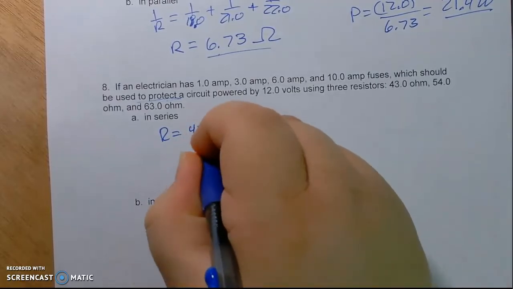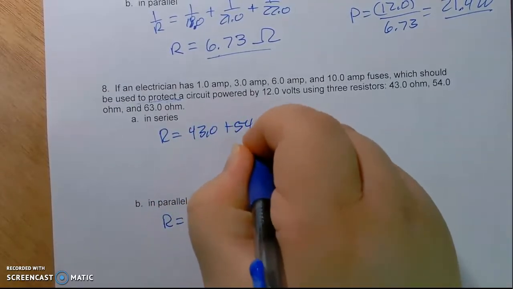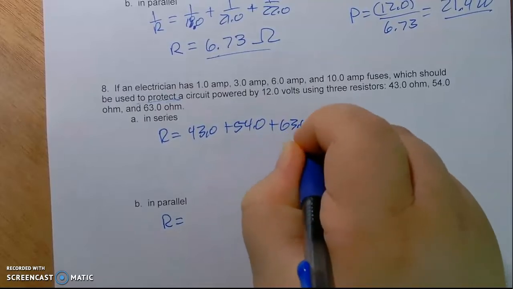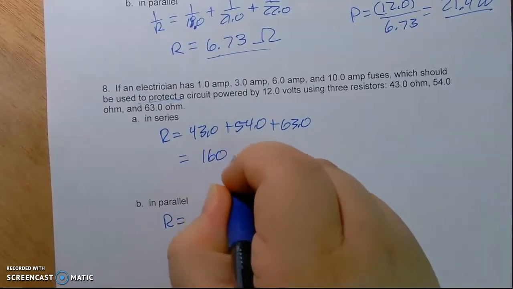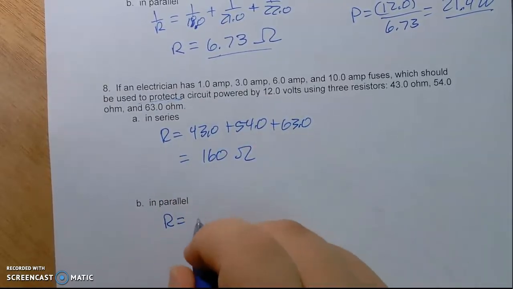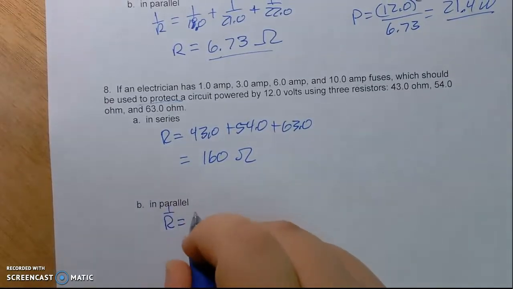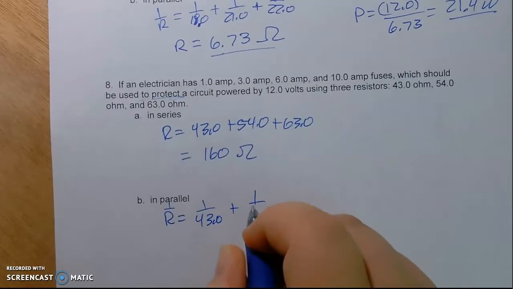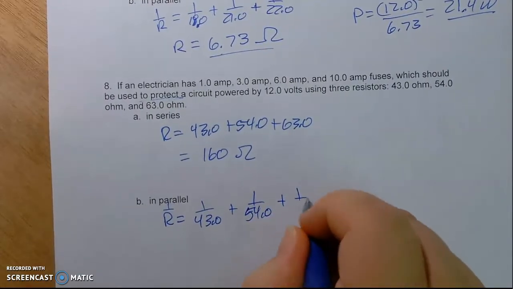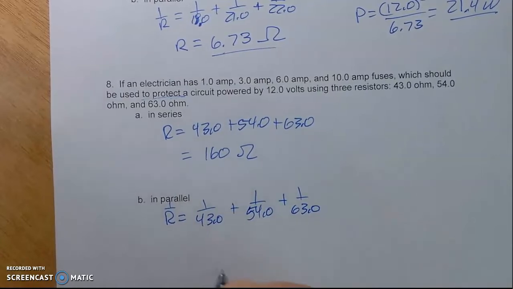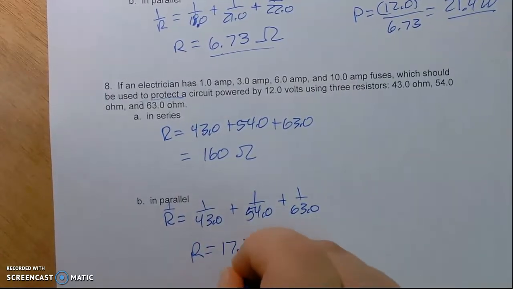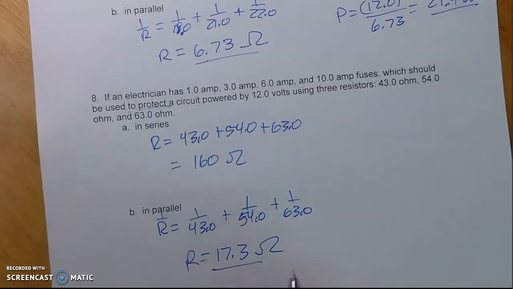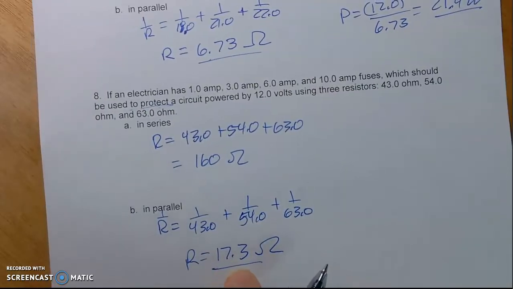In series, that's the easy one, we just add those together. We get 160 ohms. For parallel, it's the 1 over: 1 over 43, 1 over 54, plus 1 over 63. Do our math. Again, make sure you practice this and come up with the same numbers I am. I got 17.3 on that one.